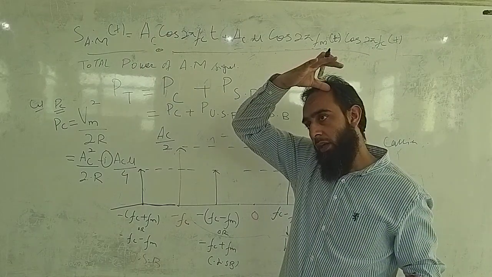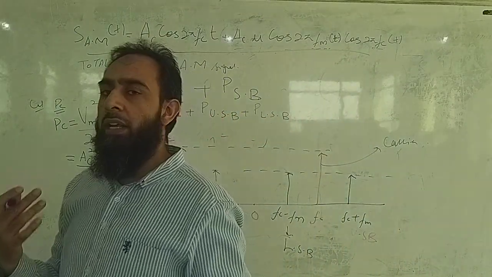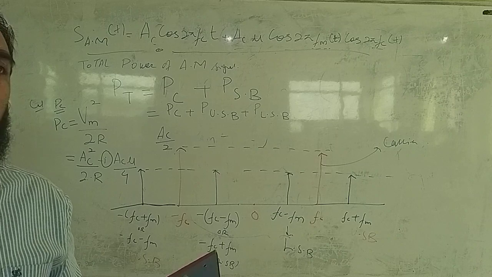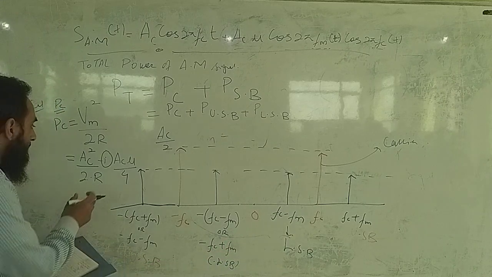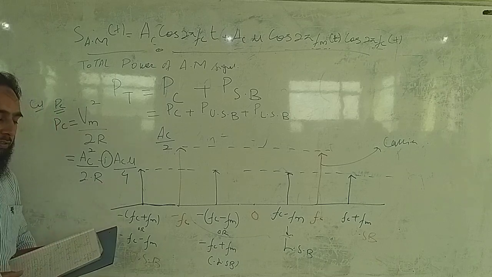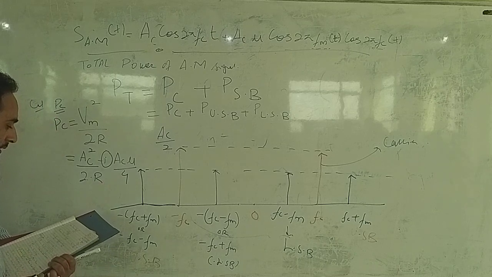R is actually the antenna resistance, which can be taken as 1.